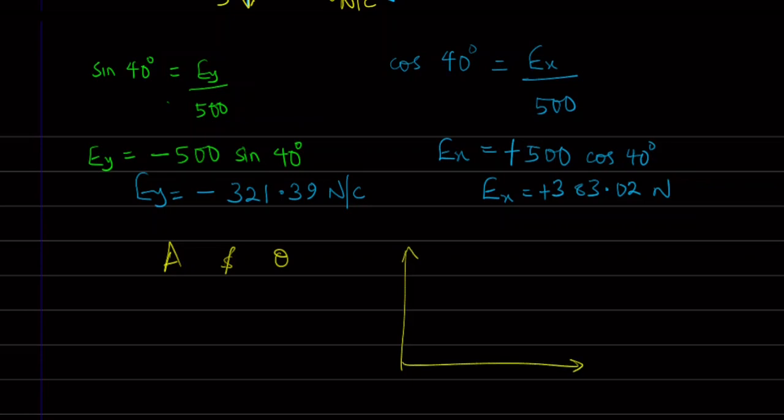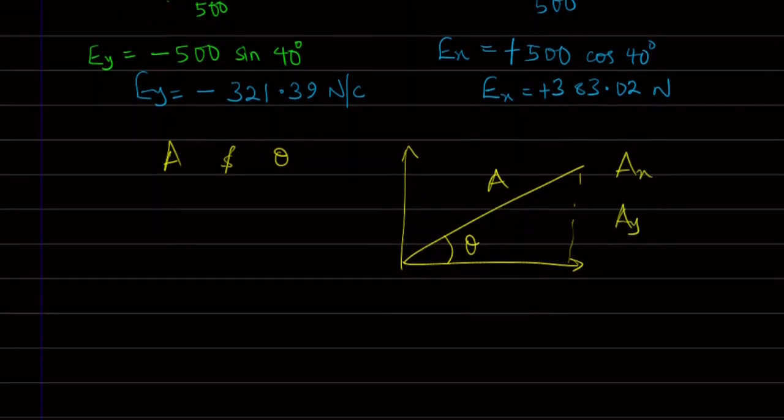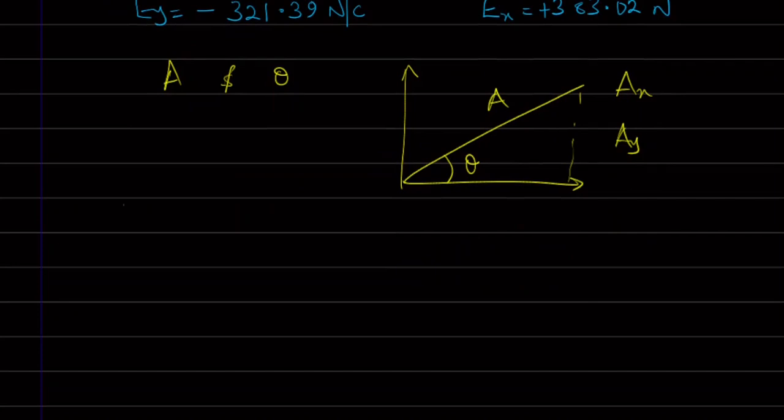We have the vector itself, A, and its direction, and we use this by resolving either horizontally or vertically to get AX and AY. Now, the second case is, what if we are given AX and AY, and we use that to solve for the original vector and its direction?